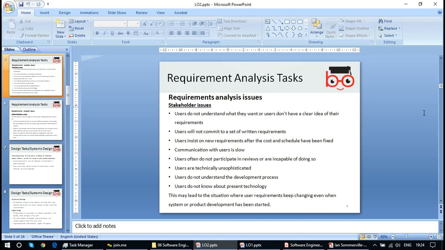One of them is stakeholder issues. Users don't understand what they want, or users don't have a clear idea of their requirements. Even they don't know.